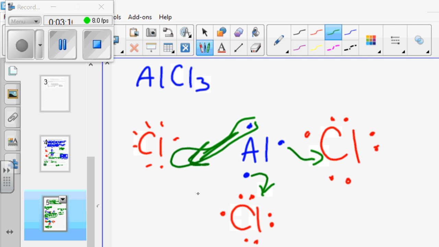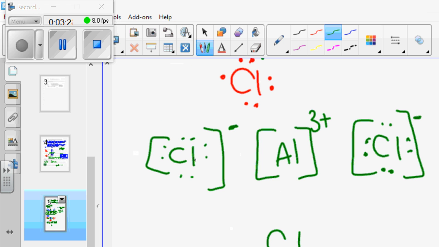Then we have aluminum with no valence electrons. It gave them all away. It gave 3 away. Then we have chlorine with all 8, and one more chlorine with all 8, and it is negatively charged.